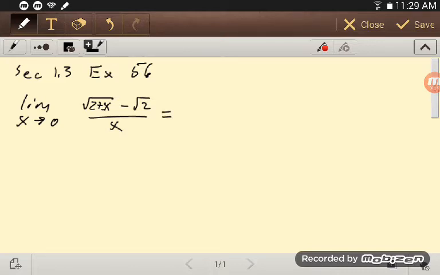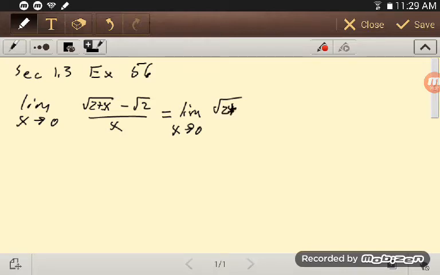And so I need to do something with this, and usually when you see something like a difference of square roots, you just multiply by the conjugate, and so the limit as x goes to 0. Now I'm going to take an extra step with this.